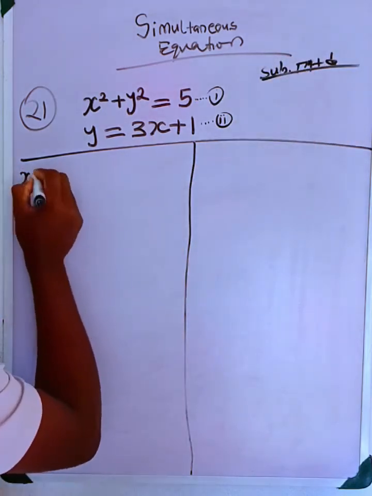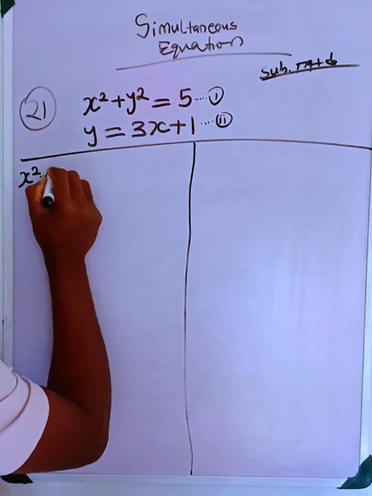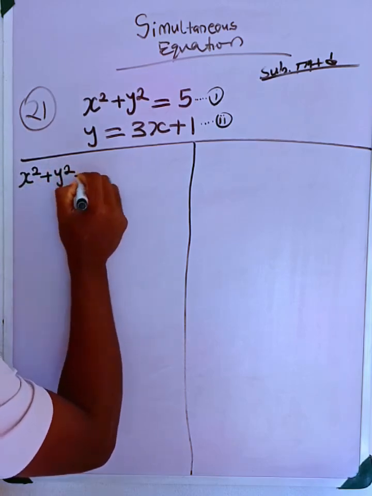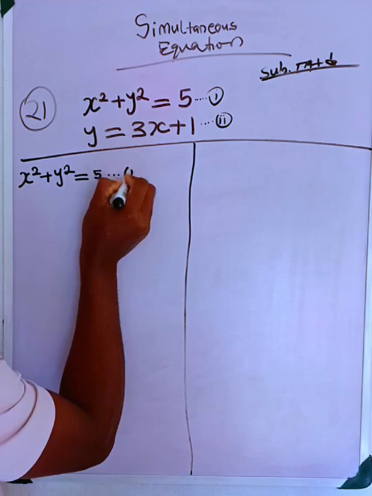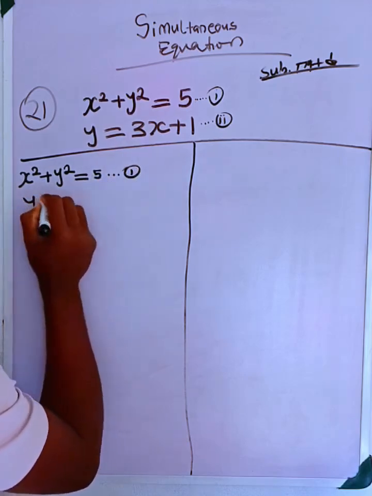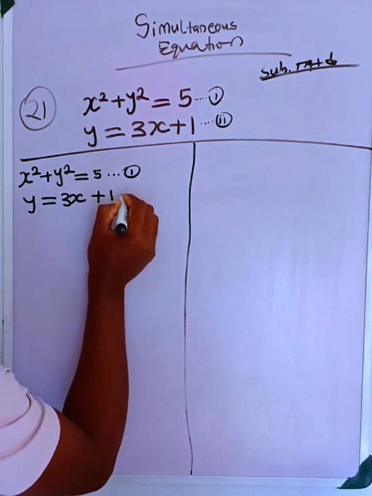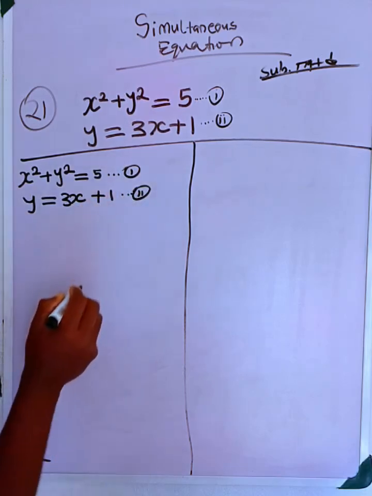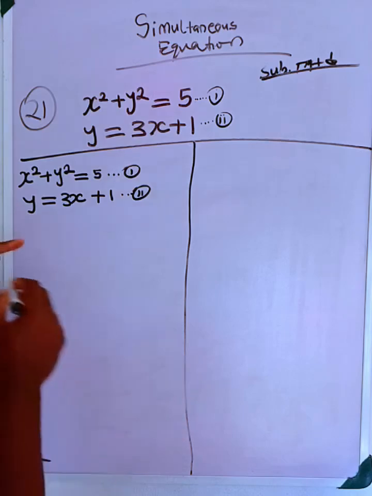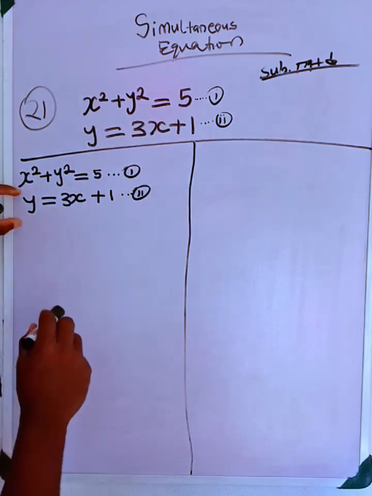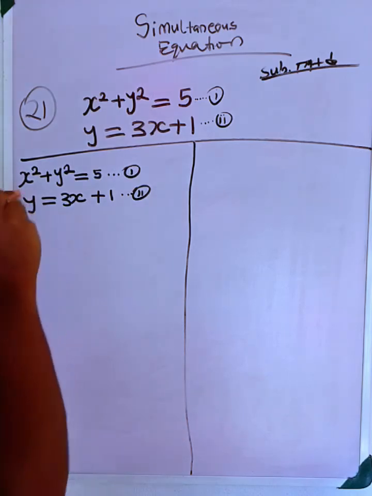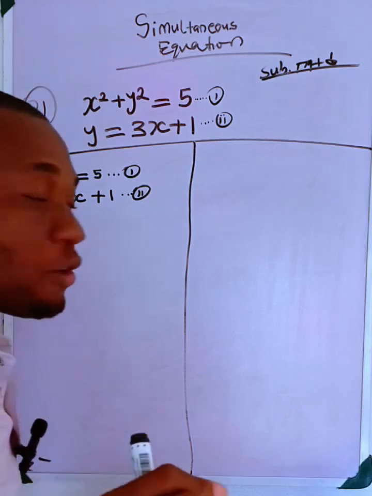So, writing the question again, x squared plus y squared equals 5, right? y equals 3x plus 1. When you are solving with the substitution method, what we need to do is to make any of the variables the subject of formula.